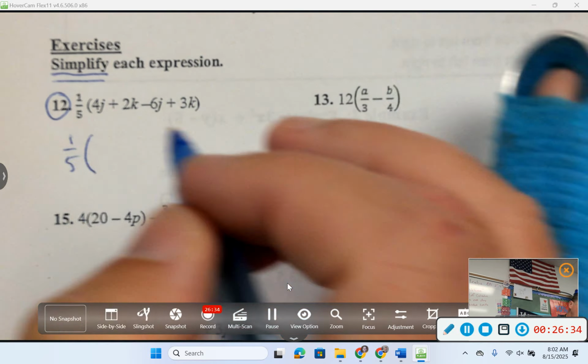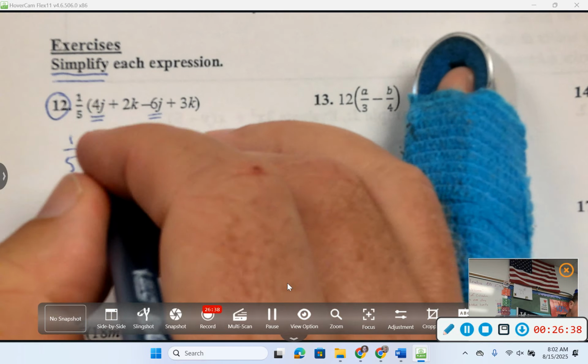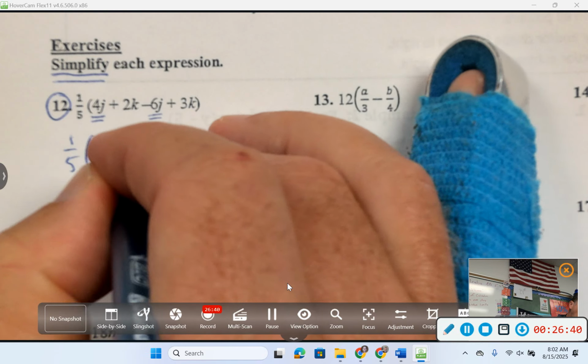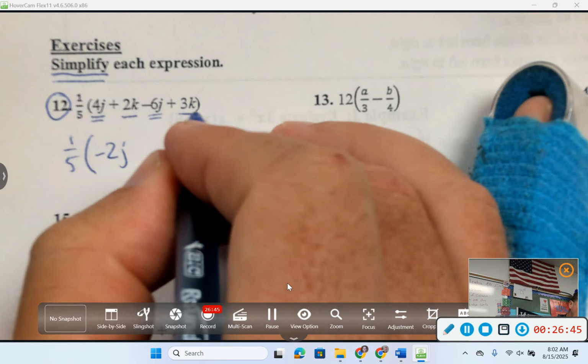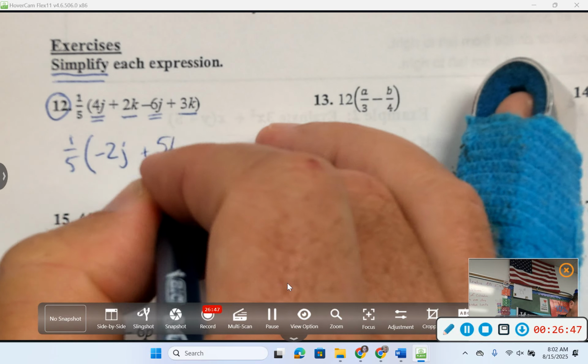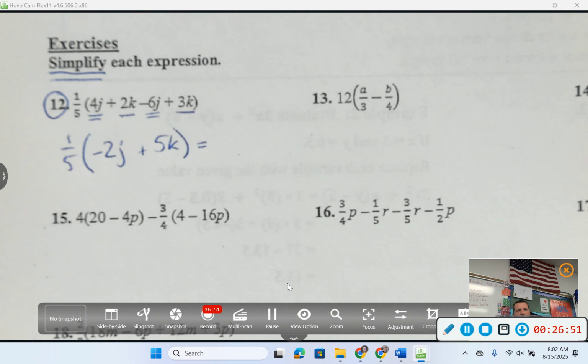So 1/5, let's see, 4j, be careful, minus 6j is negative 2j. And then 2k plus 3k is 5k. And then I can distribute the 1/5.